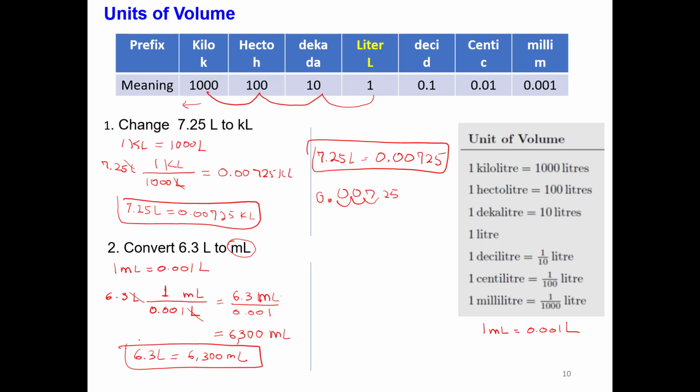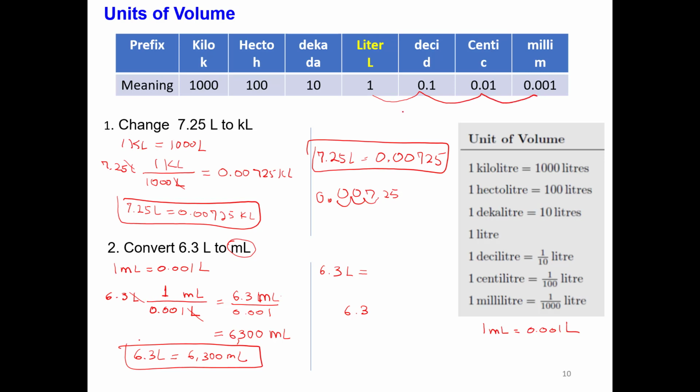Let's do the same using the chart. It's 6.3 liters. Right here, 6.3. Then we need liters to milliliters, and let's see, we have liters here. 1, 2, 3.